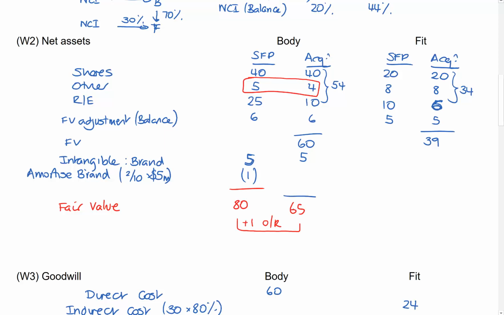So if the total increase is 15 and 1 of that increase is down to other reserves, 14 of the increase, which is the balancing figure, must be in relation to retained earnings.